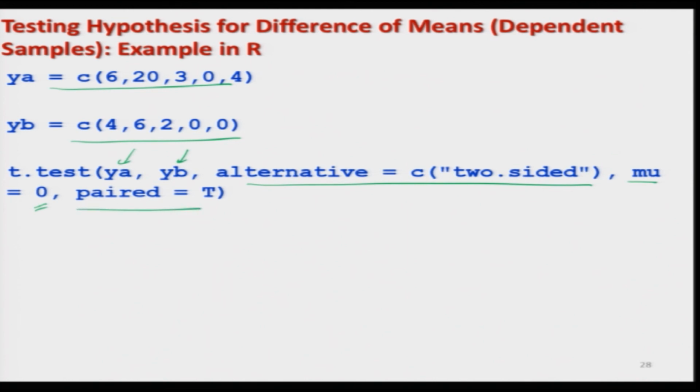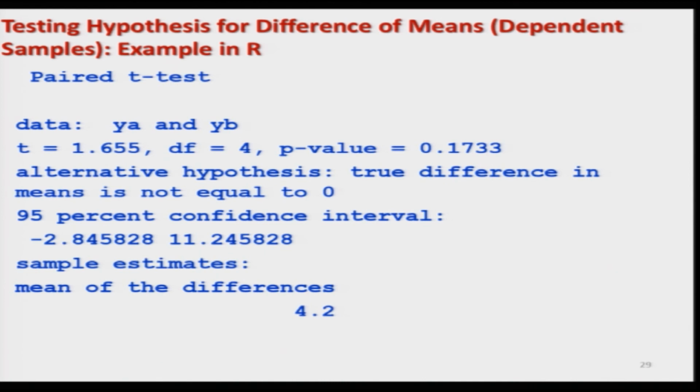And the only option here is paired equal to true, that is T, and all other options remain the same as earlier. Now you can see this is the outcome, and it is not difficult to understand. It is telling you that this is a paired t test. The data is on y and yb.